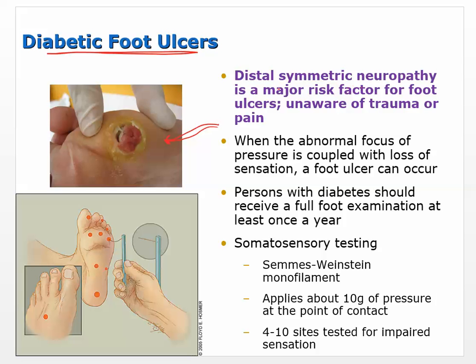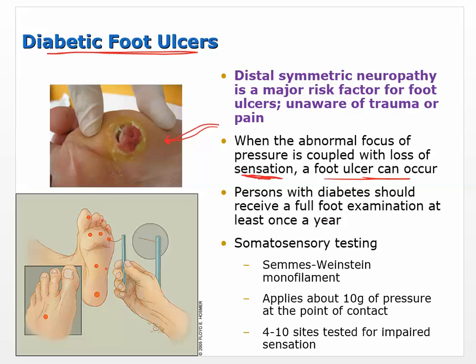So distal symmetric neuropathy is a major risk factor for foot ulcers. Okay, so neuropathy. So you've lost vascularization, particularly vascularization to the neurons. And then you become unaware of any kind of trauma or pain. So when the abnormal focus of pressure is coupled, so you can't measure the pressure, is coupled with a loss of sensation, so you're not walking properly, and you don't have the normal feedback sensation, then a foot ulcer can occur.